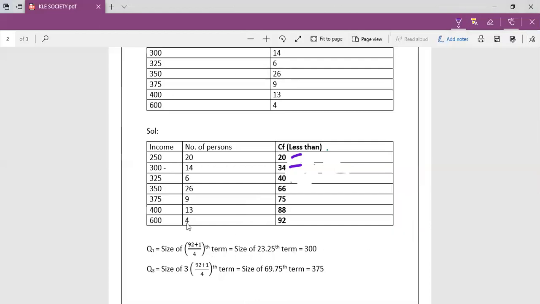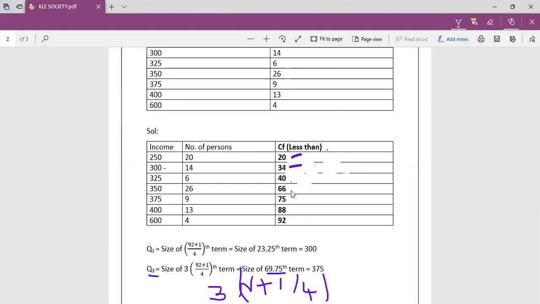Next is calculation of your third quartile. So with the same formula, if you multiply it by 3, you're going to get your third quartile. So 23.25th term into 3, you will be getting 69.75th term.